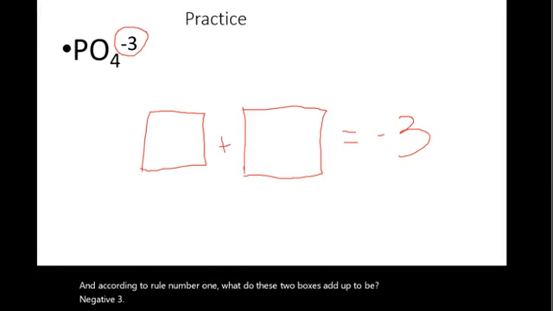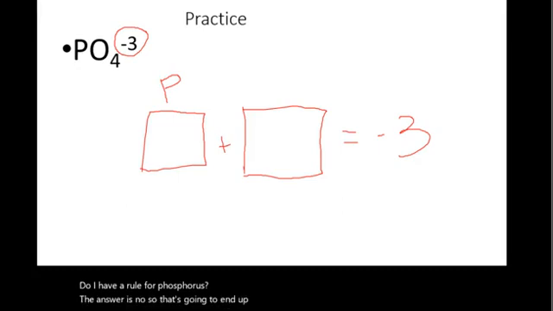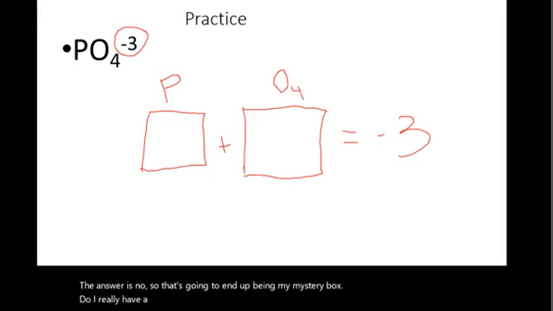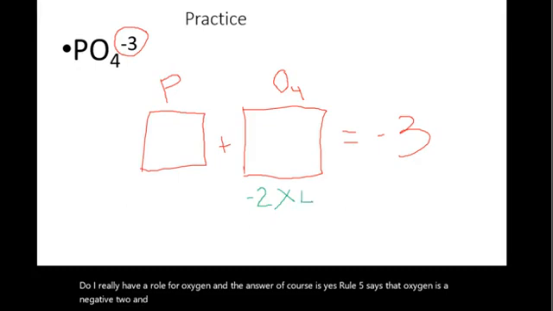Do I have a rule for phosphorus? The answer is no. So that's going to end up being my mystery box. Do I have a rule for oxygen? And the answer, of course, is yes. Rule number 5 says that oxygen is a -2. And in this problem, I have 4 of them. So this box here is going to populate with a -8.